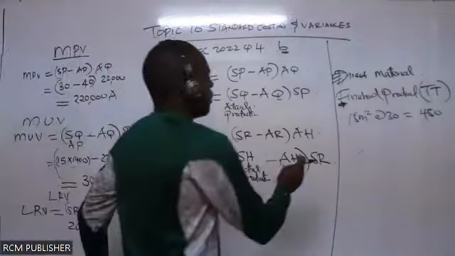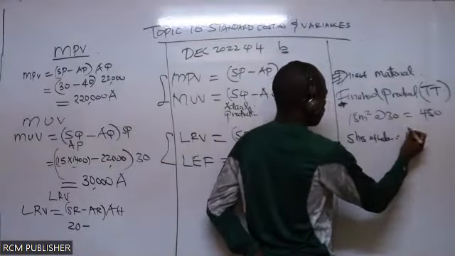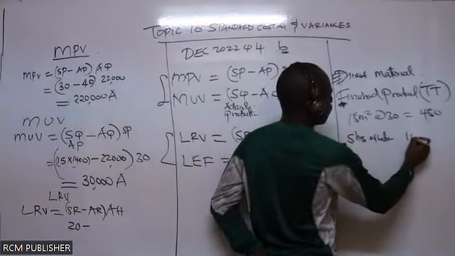We need 5 hours of labor to produce 1 unit of TT. But for 1 hour of labor, they are going to charge us, is it 20 shillings? They are going to charge us 20 shillings. 1 hour is equivalent to 20 shillings.